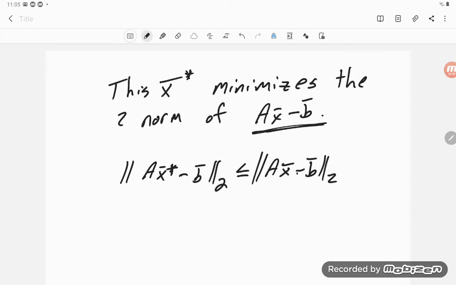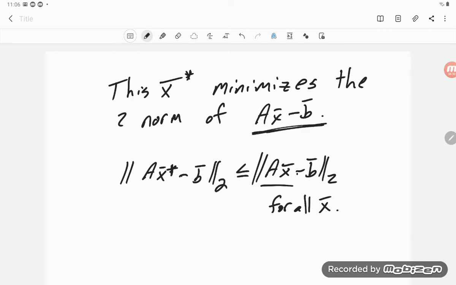Okay, so it's the smallest deviation from b, the difference between Ax and b. Okay, and we're going to have a difference if we can't find an exact solution, but it minimizes that. So this is the minimizer of this 2 norm for all x.